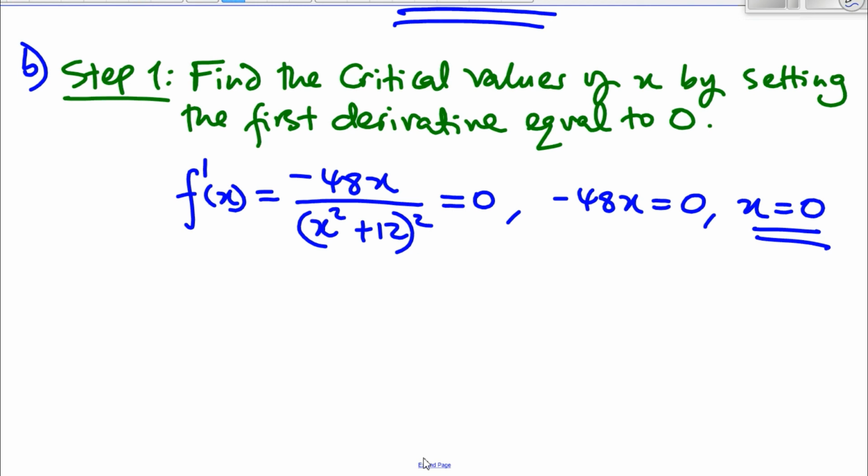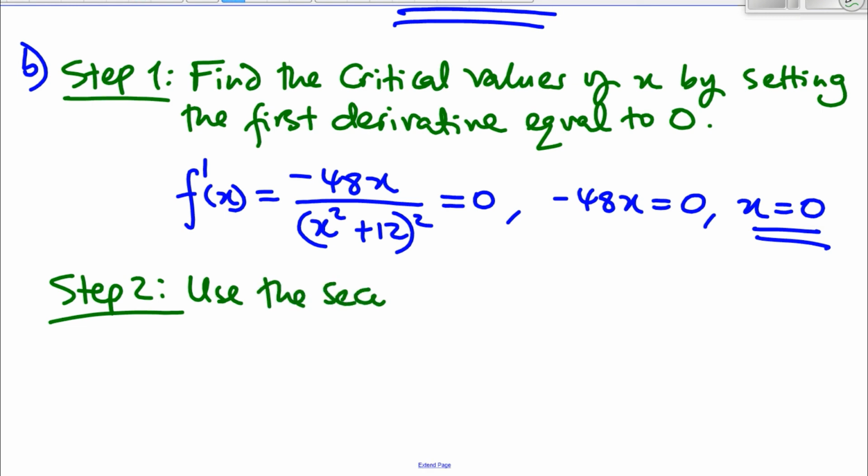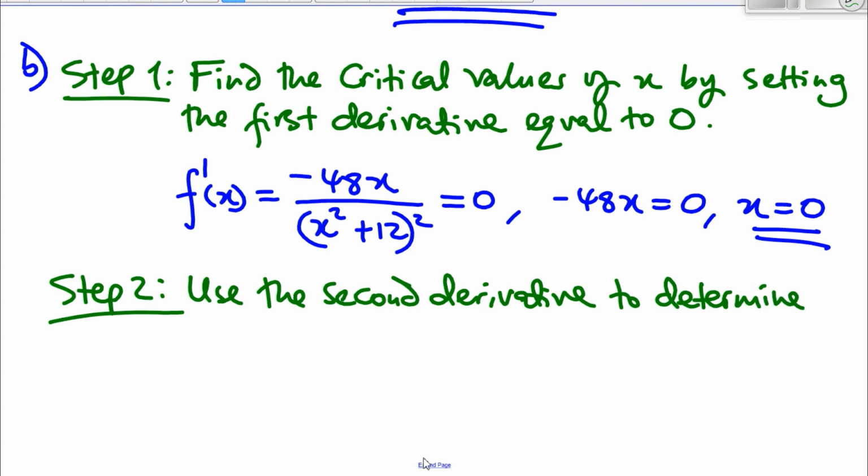And then step 2, we need to apply the second derivative test. Okay? So use the second derivative to determine if the point is maximum or minimum.